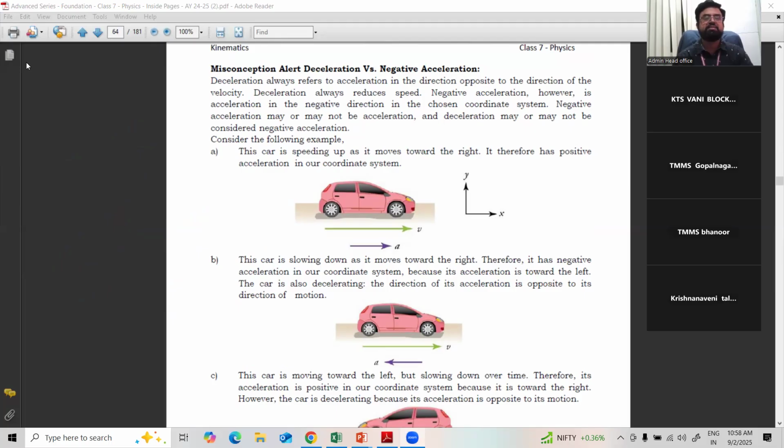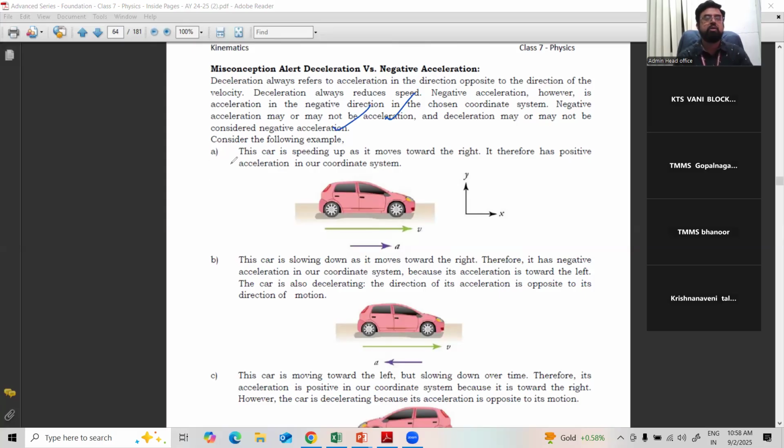Deceleration always refers to acceleration in the direction opposite to the direction of the velocity. As it moves, the opposite acceleration makes the velocity come down. Deceleration always reduces the speed. Negative acceleration, however, means acceleration in the negative direction chosen in the coordinate system. Negative acceleration may or may not be deceleration, and deceleration may or may not be considered negative acceleration.